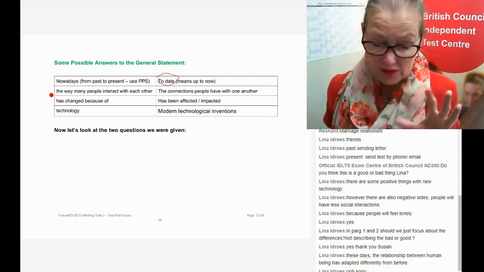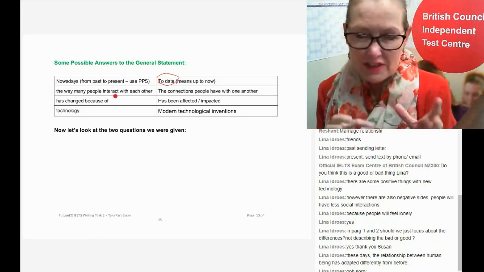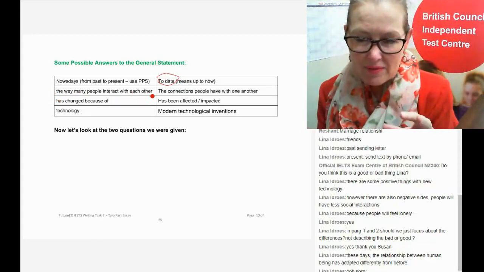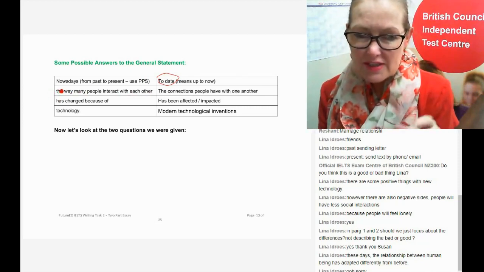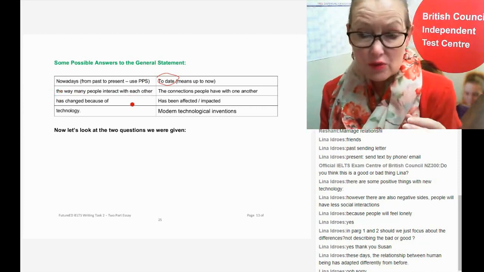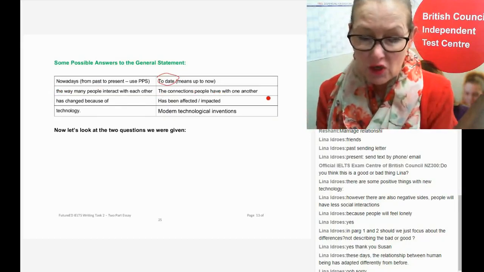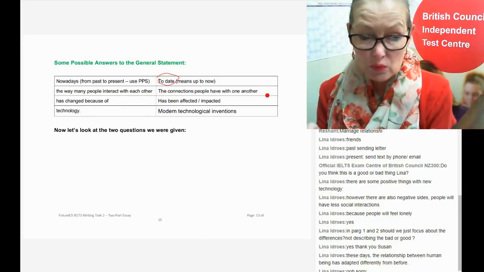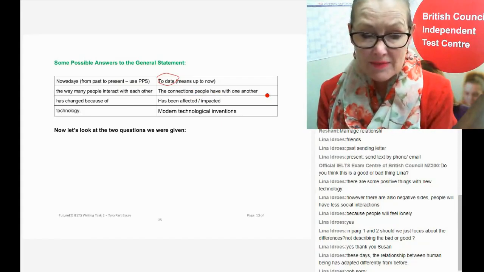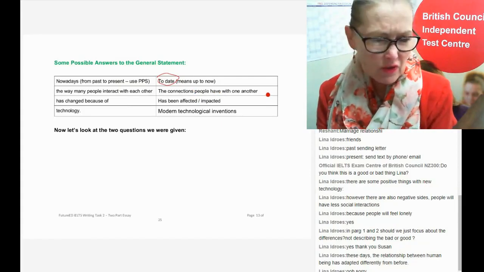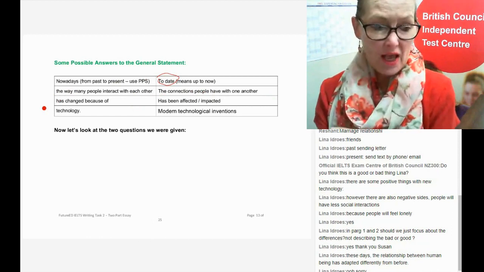Let's have a look at that word adapted. Relationships have adapted. In a sense, we would adapt to using technology, so it wouldn't quite be the right collocation. It wouldn't be quite the right word to use with differently. I think I've got some coming now.